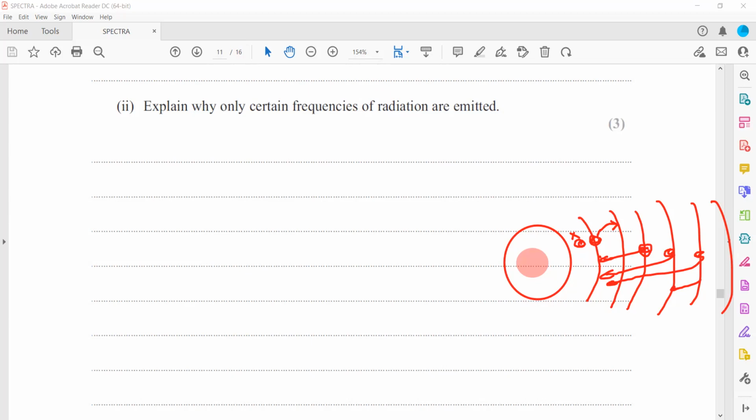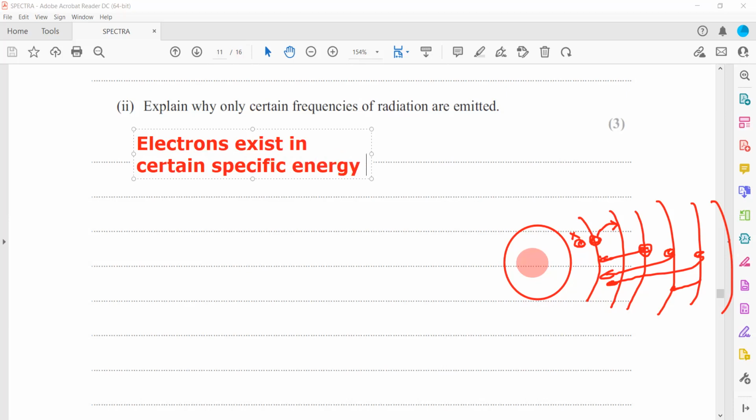So the answer for this one: these electrons exist in certain specific energy levels.